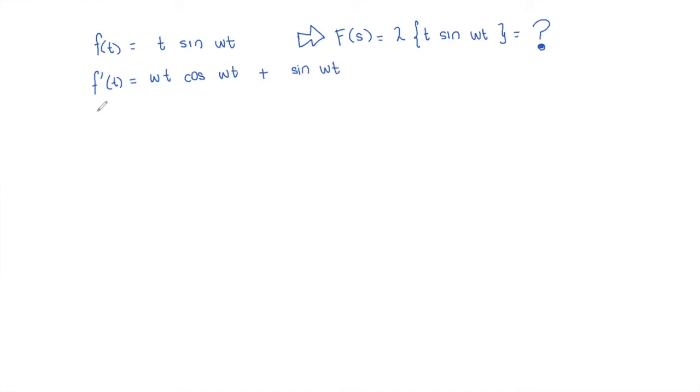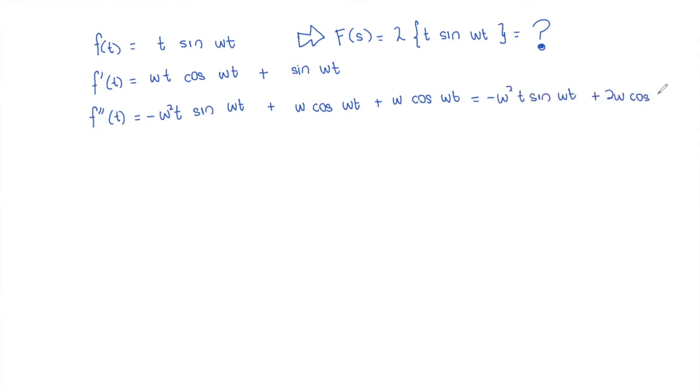From here we derive the second order derivative, which is f double prime of t, equivalent to negative omega squared t sine omega t plus omega cos omega t and another omega cos omega t. So we can summarize this as negative omega squared t sine omega t plus 2 omega cos omega t.